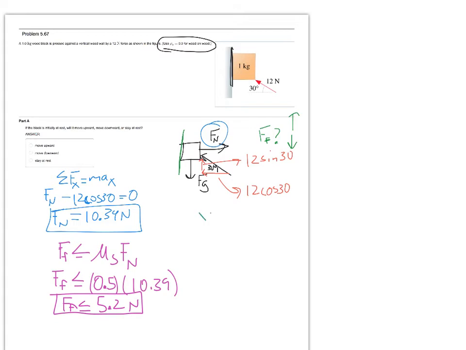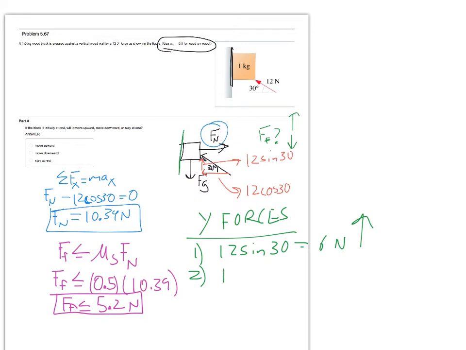So my y forces: I have the y component of that pull, this 12 sine of 30, or 6 newtons going up. I have the force of gravity, which is equal to mg, so 1 times 9.8, or just 9.8 newtons going down.